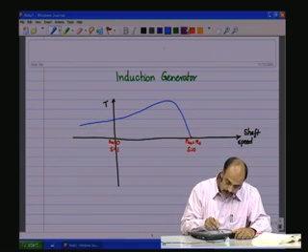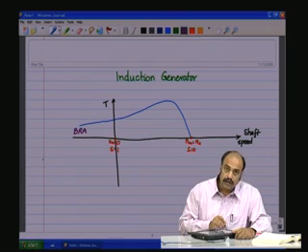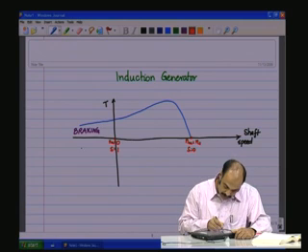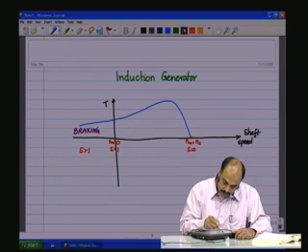So here in this region we are having negative speed, or in other words slip is greater than 1, and that is the braking zone. This is the motoring zone.